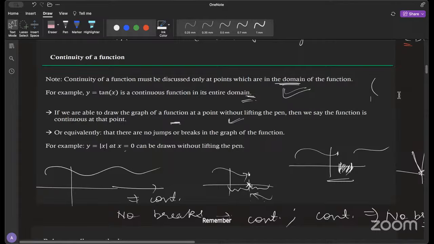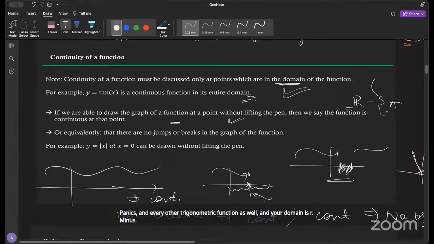Ma'am, the domain is 0 to infinity. Actually, if you talk about the domain, we have a defined domain for tan x and every other trigonometric function as well. And your domain is R minus pi by 2 plus n pi.